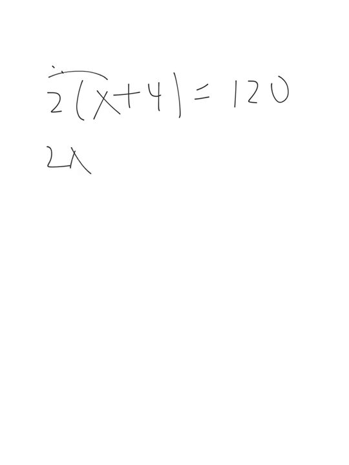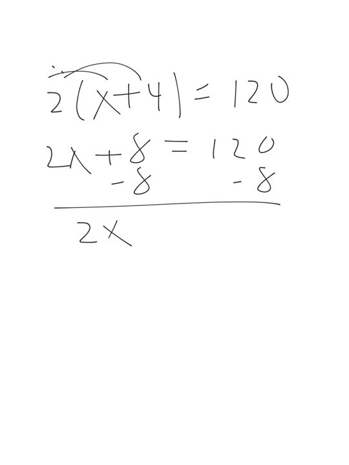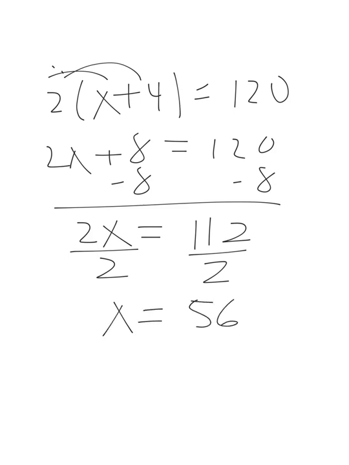If you distributed, you would have 2x plus 8 is 120. You would subtract 8 from both sides. You'd have 112. You're still going to get x is 56. So it all depends on what you're comfortable with.